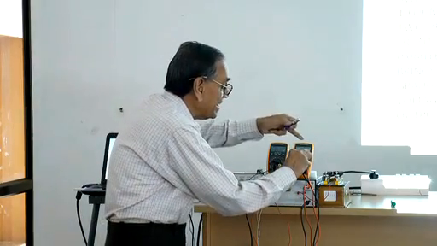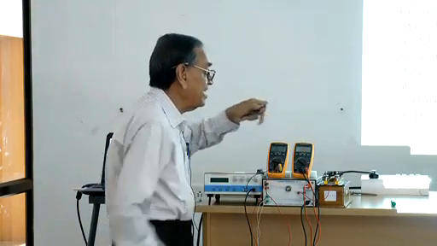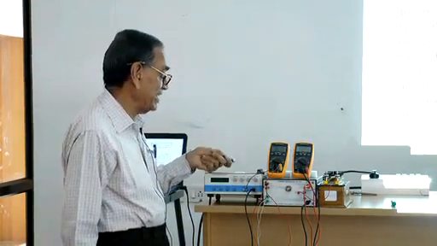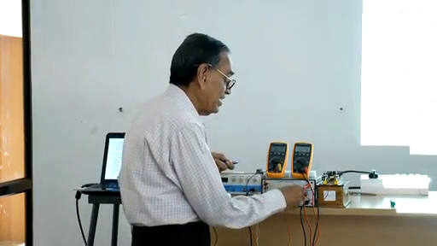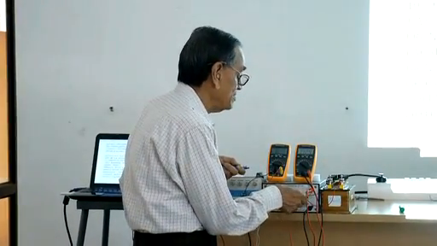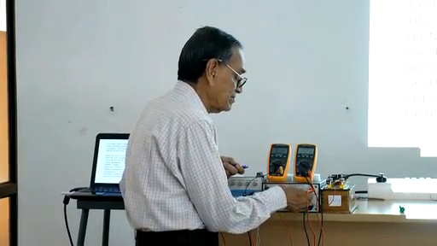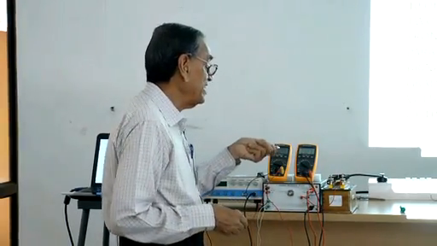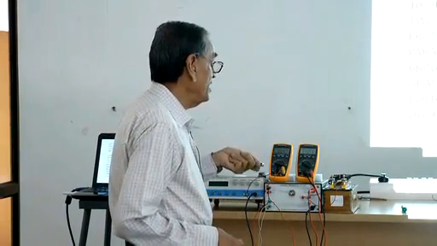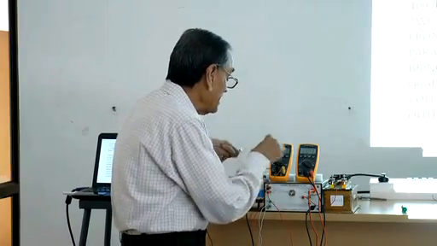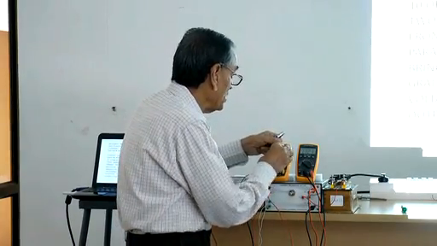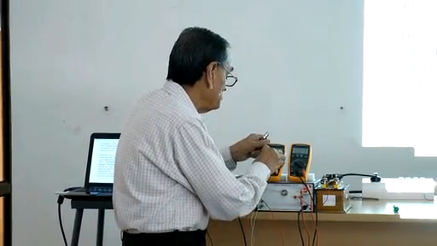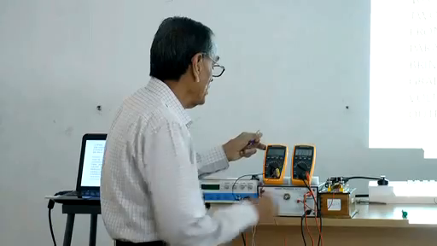The DC current is measured on this multimeter when I put it in DC, and I measure the DC output of the photodiode.